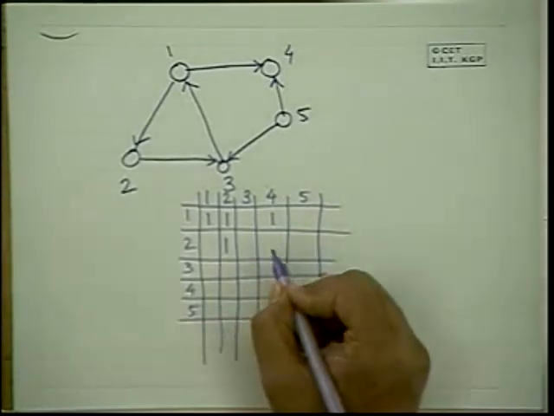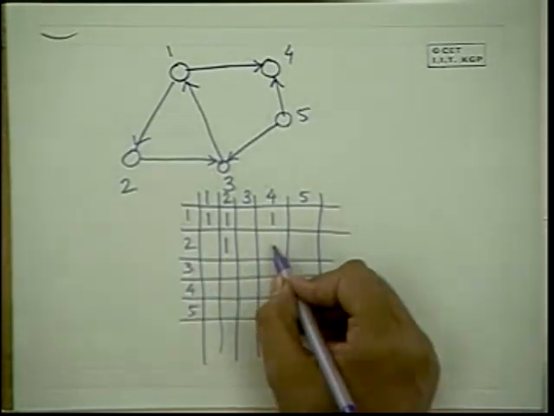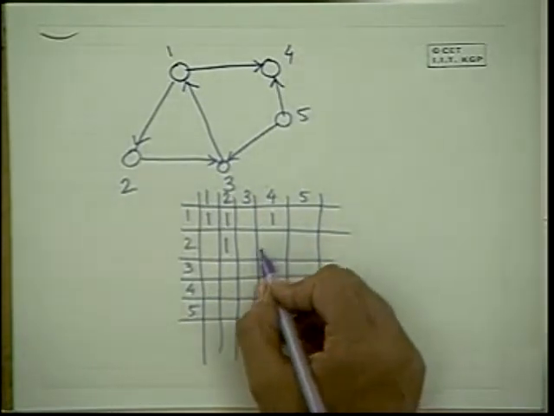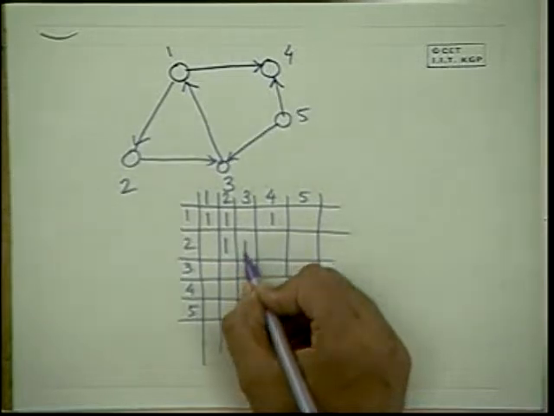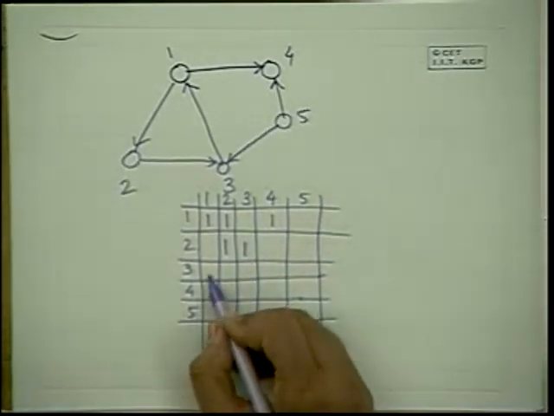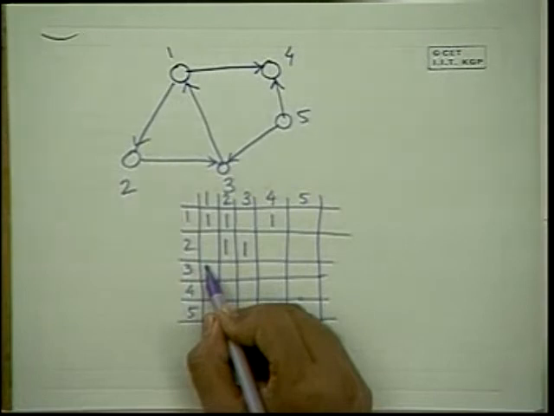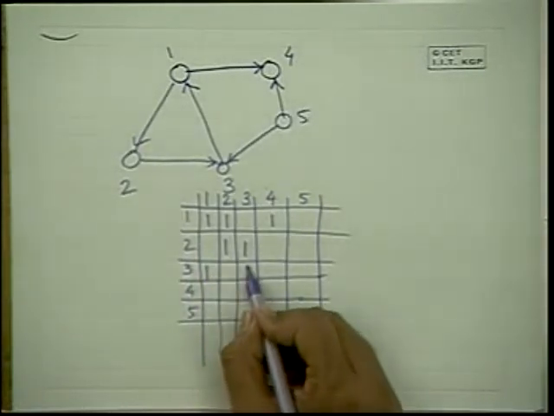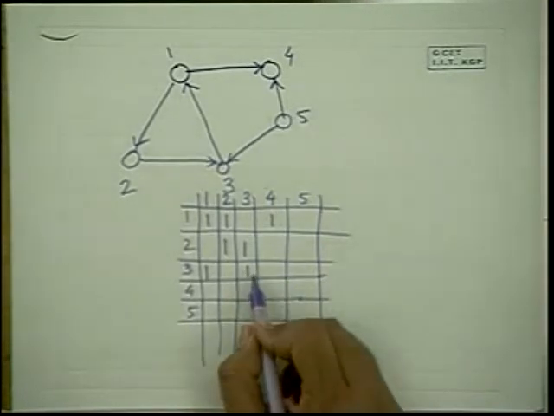This is 1. Between 2 to 4, there is nothing. Between 2 to 3, there is one edge, so this is 1. 3 to 1 is 1, and 3 to 3 is trivially 1. Anything else?